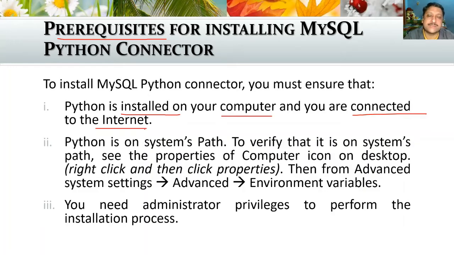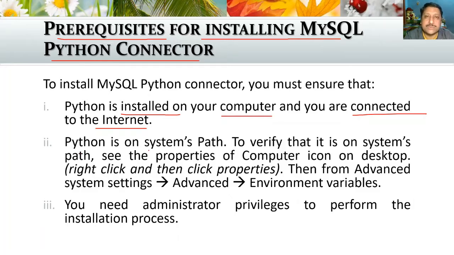Any version, Python 3 point something, must be installed, either a standard version or Anaconda version. Any version must be installed in your computer, and the computer must be connected to the internet. Then only it will install the MySQL Python connector. Okay, Python is on the system's path.